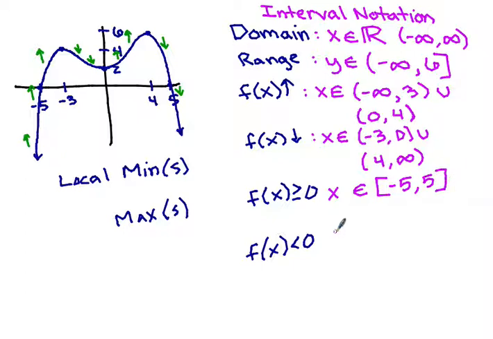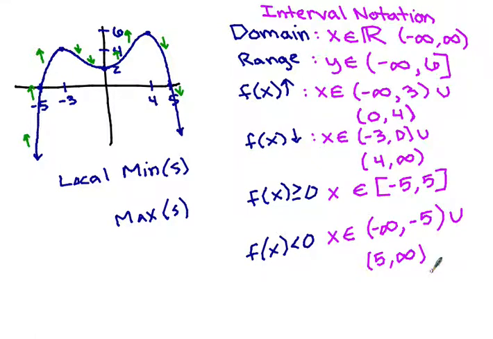And then where am I below 0? The 2 tails, so from negative infinity up to negative 5 without including it, because there's no equal sign, so we don't include it. Unioned with positive 5 to infinity.